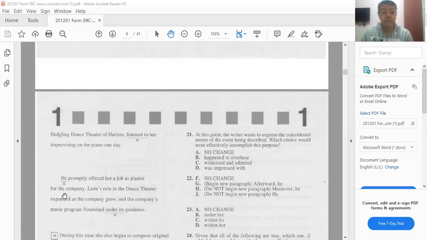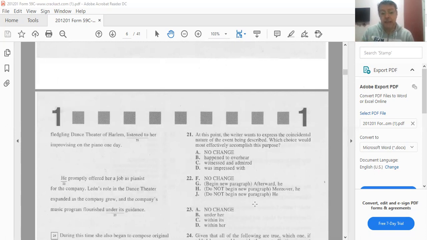Okay. So there is no need to begin any new paragraph here, because this is not a good way to begin a new paragraph. Also, it should be linked to the fact that he coincidentally heard her or overheard her playing the piano, and then he offered her a job with the theater or the company. So J is the best answer.